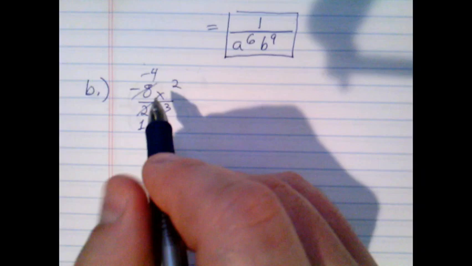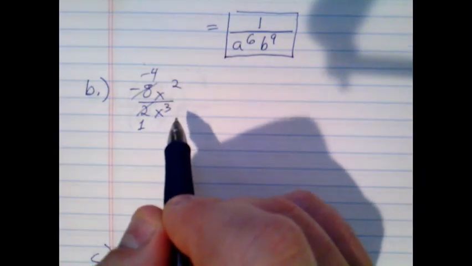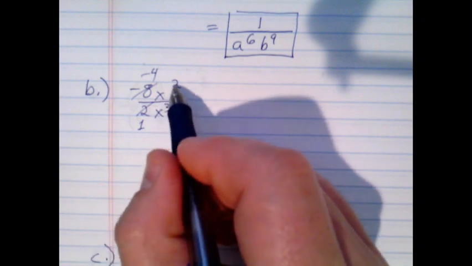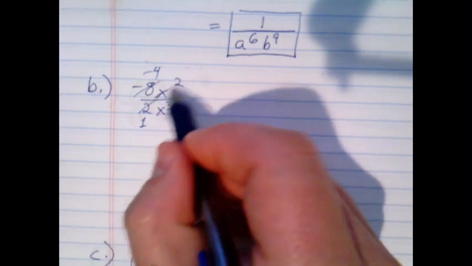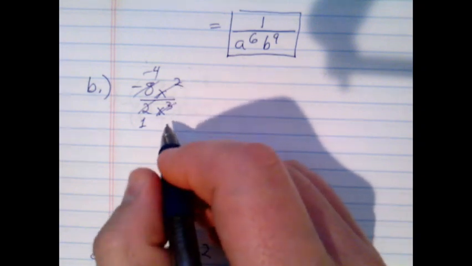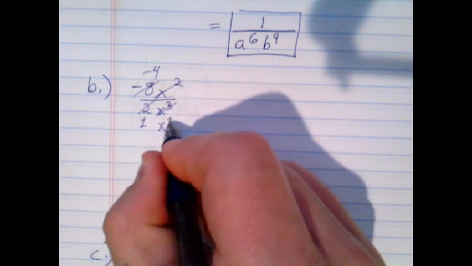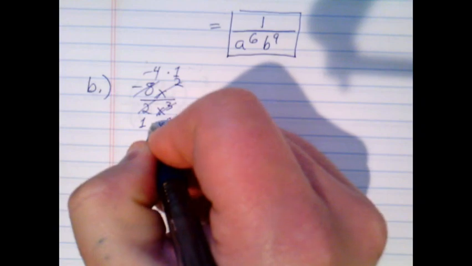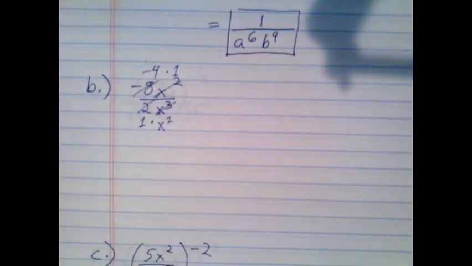Now with the x squared and x cubed, I can subtract the powers. I can subtract the lesser power from the greater power. When I do that, that leaves me a power of 1 on x in the denominator. And the x squared is kind of like the 2. It completely canceled out, so it just leaves a 1 there.